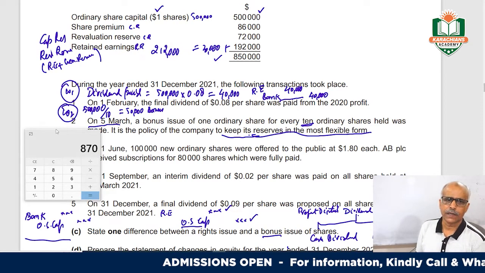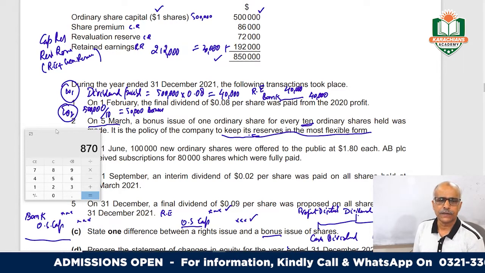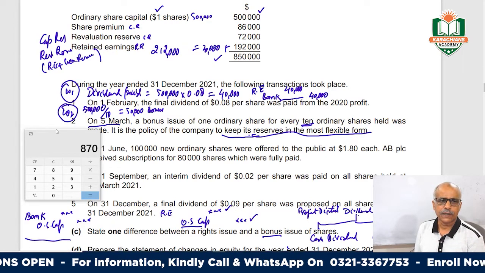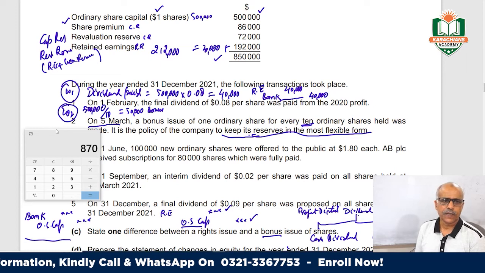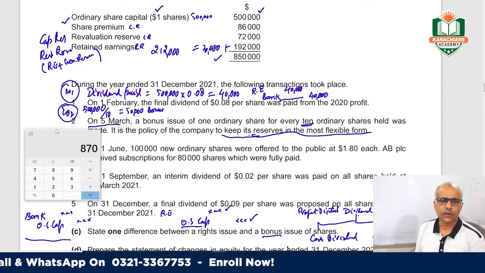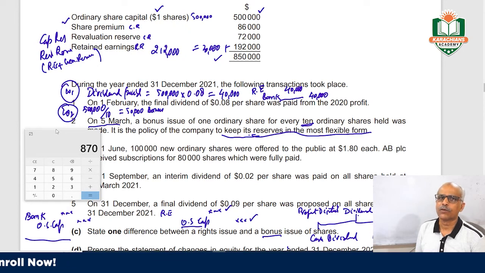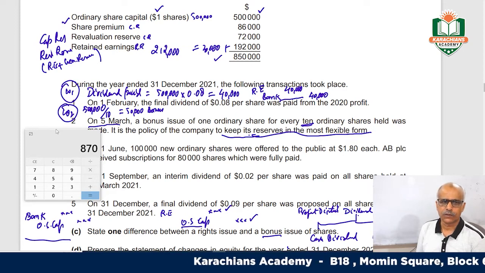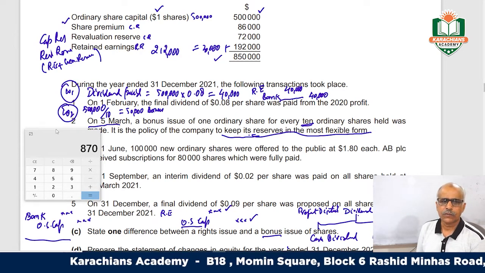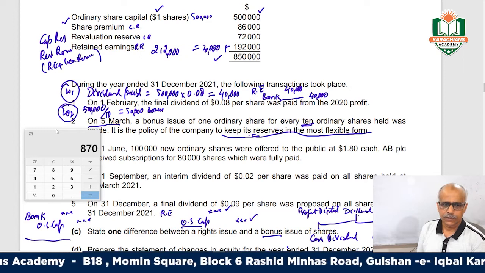This is very clear guidelines. So in capital reserves you have share premium, and this is the capital one, and in revenue reserves you have retained earning. So you have to save your revenue reserves, keep your reserve in a flexible form. So this will be paid from, or adjusted from the share premium.